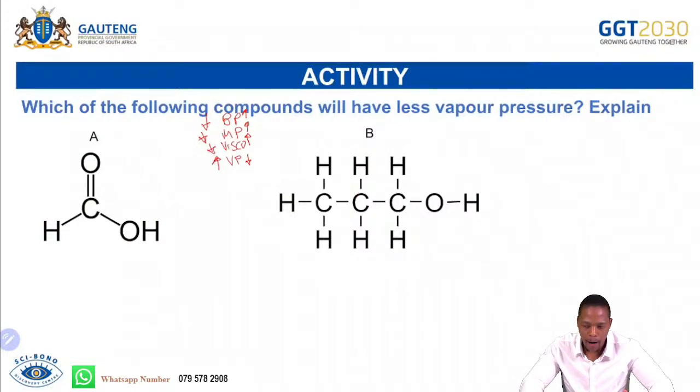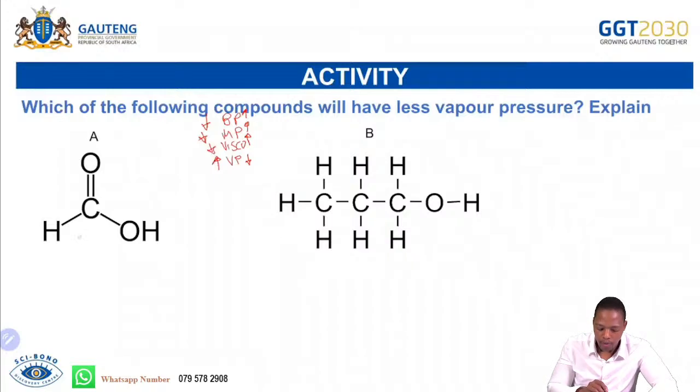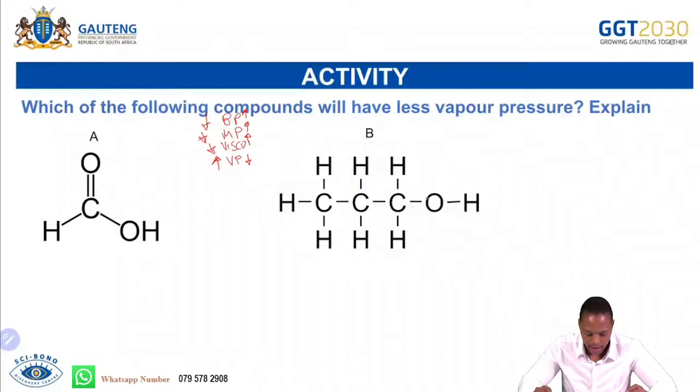Higher vapor pressure. Okay, so here they were being asked, and here we are comparing a carboxylic acid. If you can see here, compound A is a carboxylic acid, and compound B here is a what? An alcohol. So these are being compared, and we must say which one is going to have less vapor pressure.